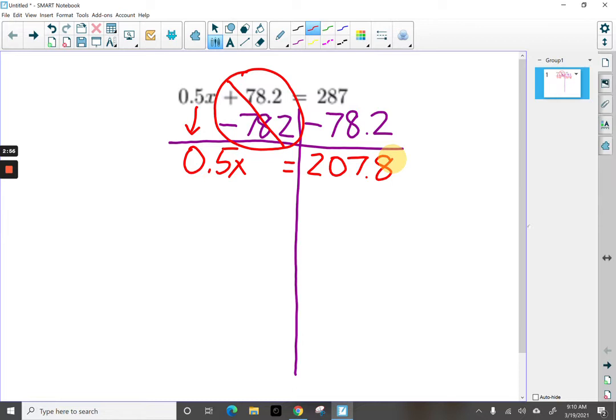Which brings me to my final step right here. As you can see on the left side of my problem, I only have one number next to my variable. In case you did not know this, a number next to a variable implies multiplication. This is a multiplication of 0.5 times x is equal to 207.8.